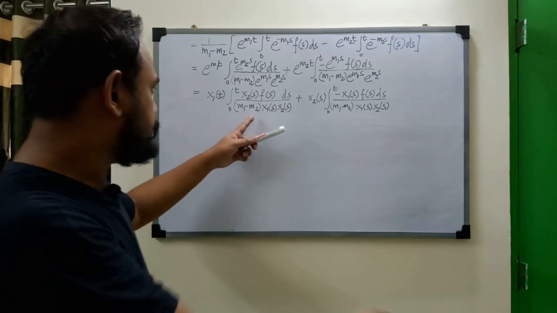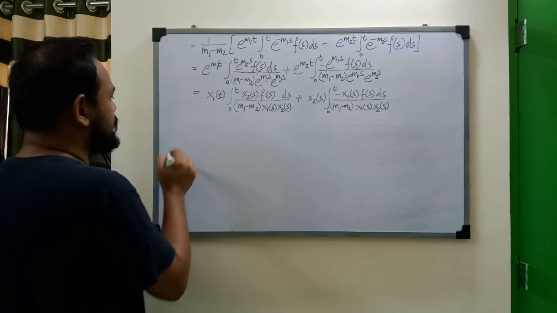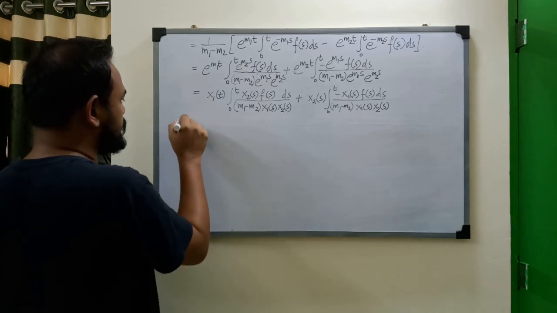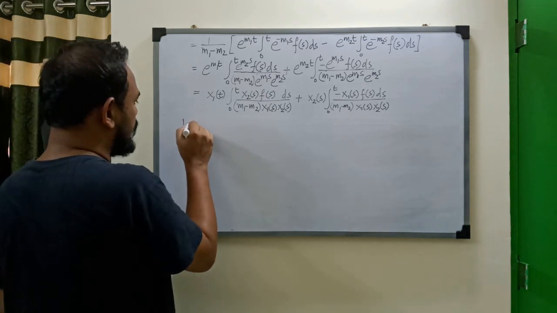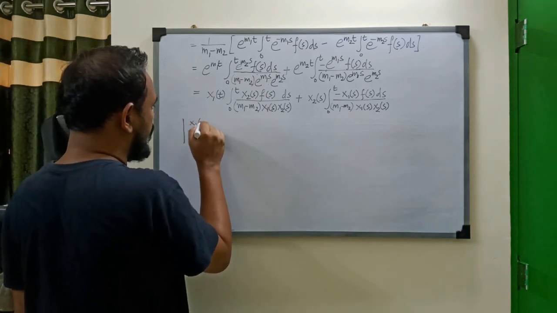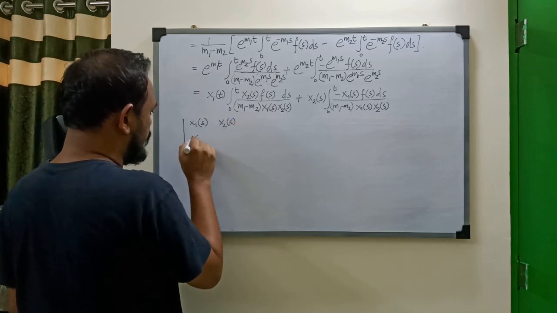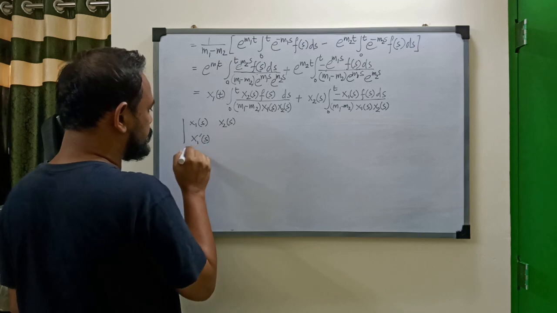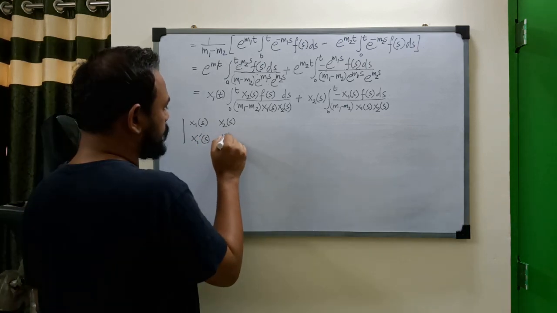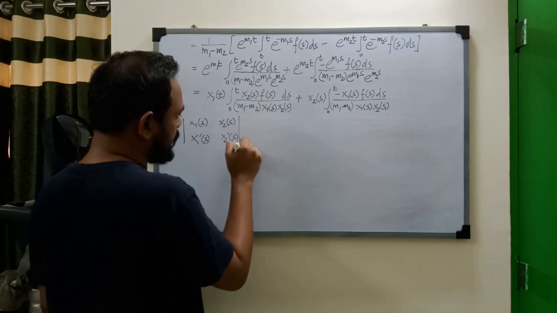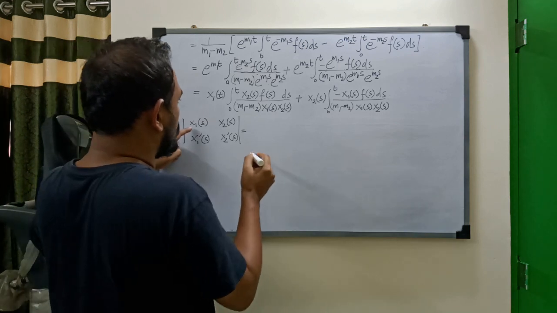This thing can be further given a better meaning. If you look at this particular determinant, it has a name, it's called the Wronskian. If you look at x1(s), x2(s), x1'(s), which is the differentiation of x with respect to s, and x2'(s), this is going to be, well, let's just write out what this is.